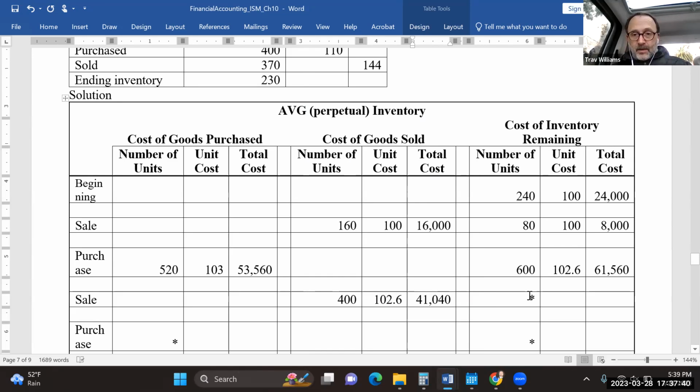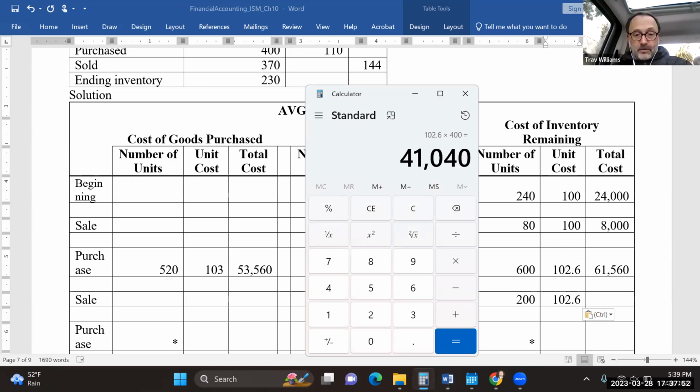Okay, and then since we had 600, we sold 400. That means we have 200 left over at the same 102.6. So 200 times 102.6, 20,520.